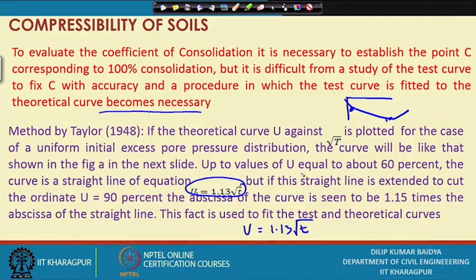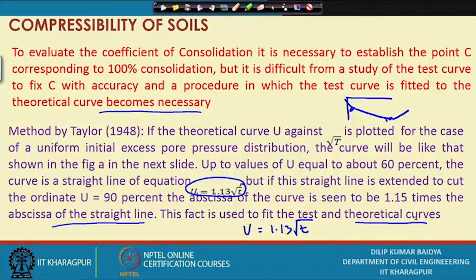Up to values of u equal to 60%, the u versus root t is a straight line, but if this straight line is extended to cut the ordinate of u 90%, the abscissa of the curve is seen to be 1.15 times the abscissa of the straight line. This fact is used to fit the test to the theoretical curve.